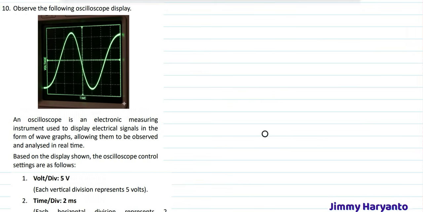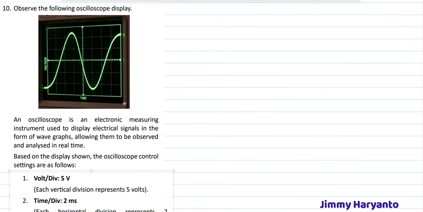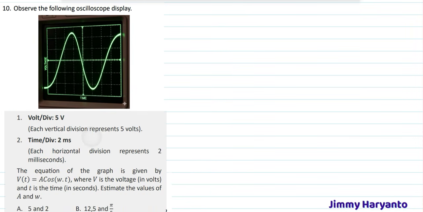Next is question 10. I don't think that one is important, so let's use this one instead. It says that a voltage over time graph, where each vertical division represents 5 volts.